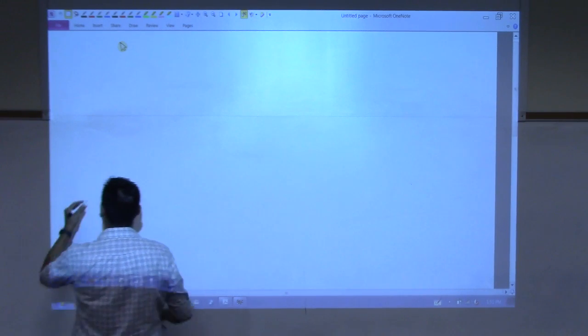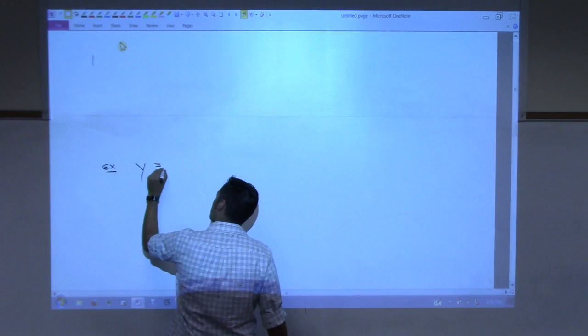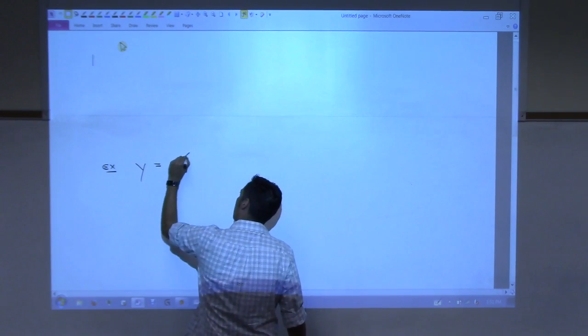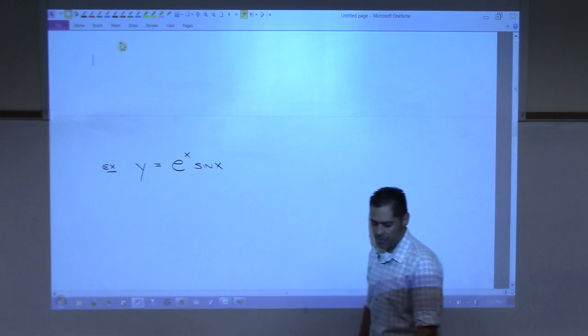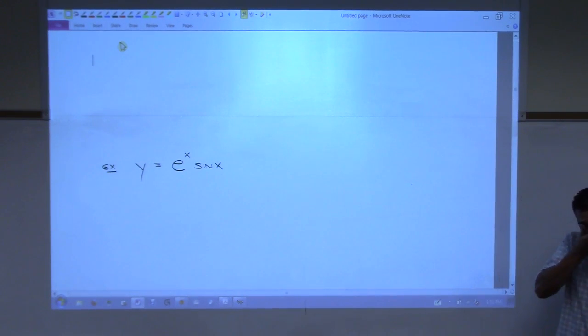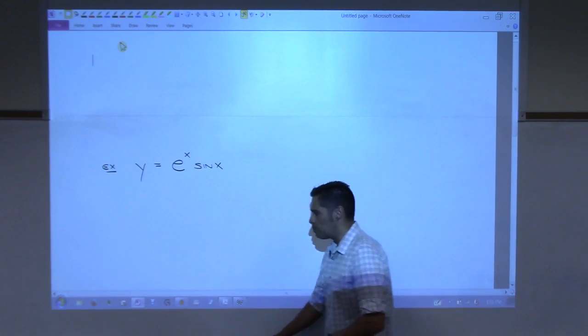How about this? y equals e to the x times sine x. What's the derivative of this? What do you see here? I see a product. Good.